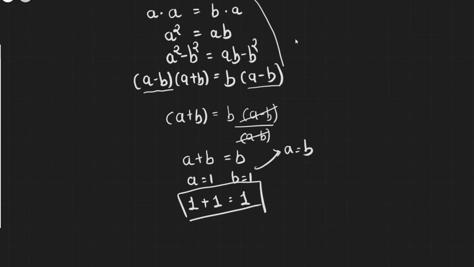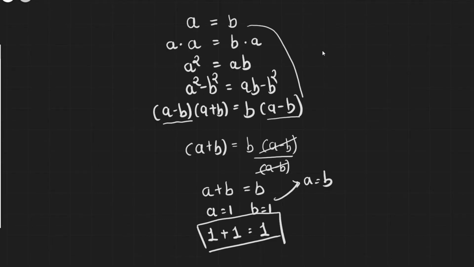Now this is an ambiguous result, right? 1 plus 1 should be 2 only. So why did this ambiguous result come? We need to see what wrong thing we have done. You can pause the video and try to figure out where I did something wrong, where I didn't follow the mathematical rules.